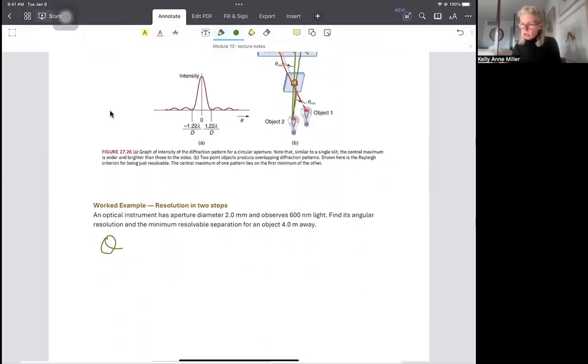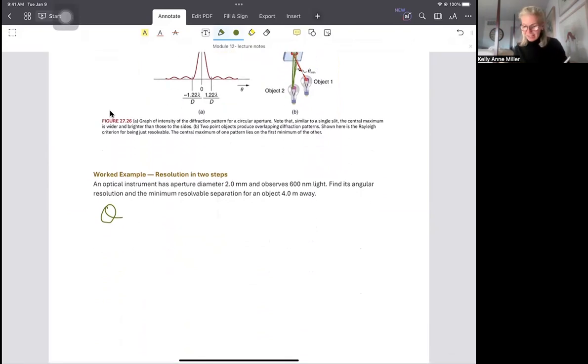Okay, so again, I like to draw it. So let me draw a circular aperture. Okay, and let's say I've got two sources over here, and I've got a screen, say here, and the distance from the light sources to the aperture is 4 meters.